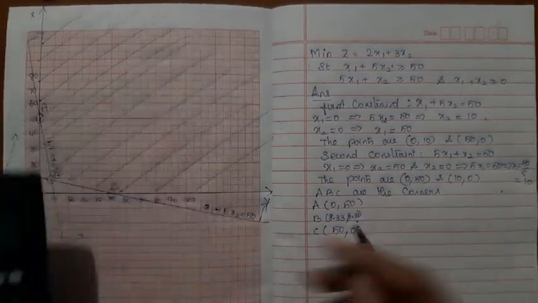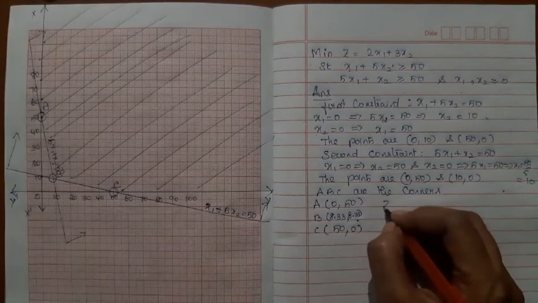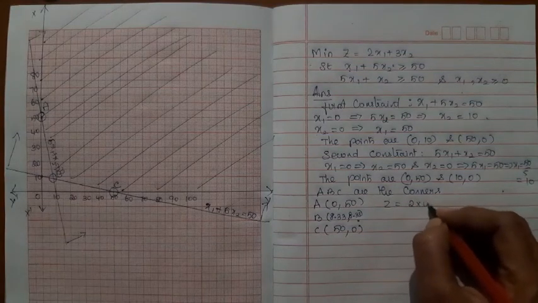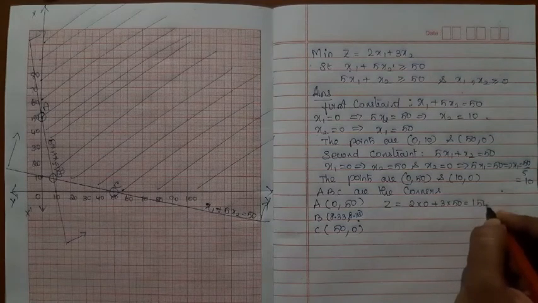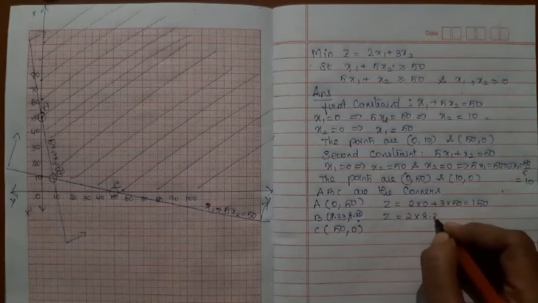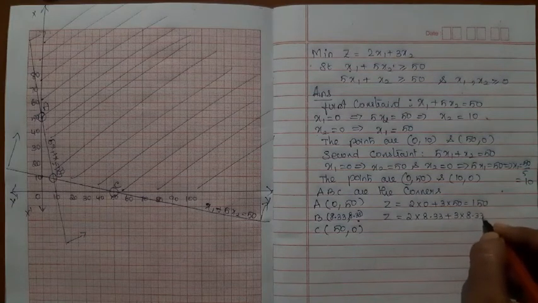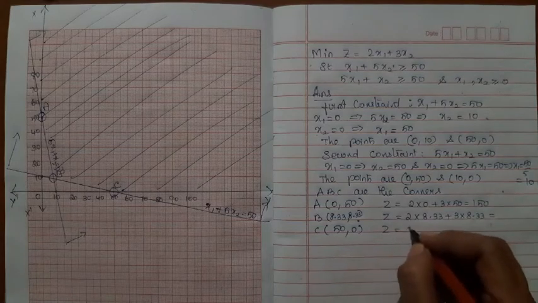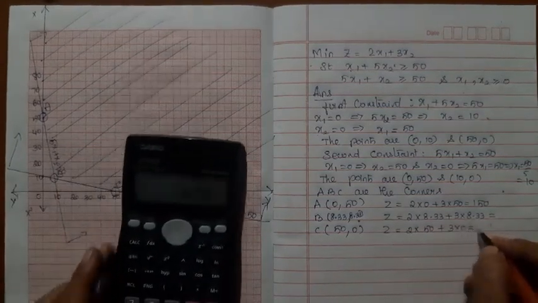Now let us compute the value of z, which is 2x1 plus 3x2. At A, z is 150. At B, z is equal to 2 into x1 plus 3 into x2. At C, 2 into x1 plus 3 into 0.